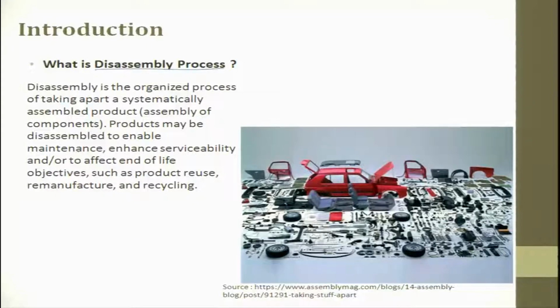The product may be disassembled to enable maintenance, enhanced serviceability and or to affect the end of life objectives such as product reuse, remanufacturing and recycling. Today when we talk about manufacturing, we say reduce, reuse and recycle. We use these three parameters exhaustively.